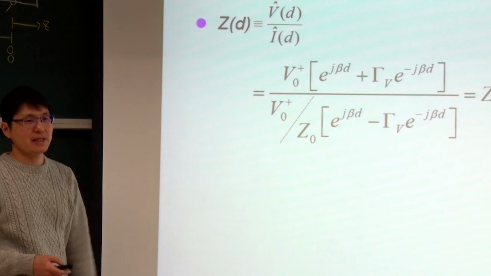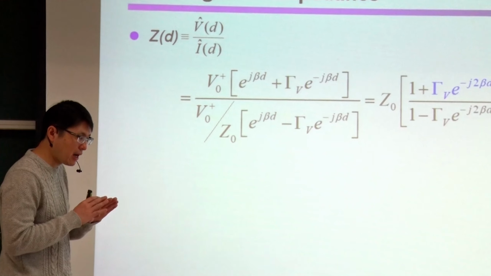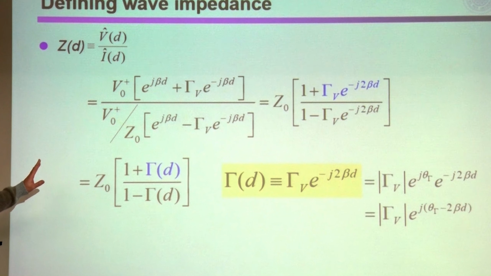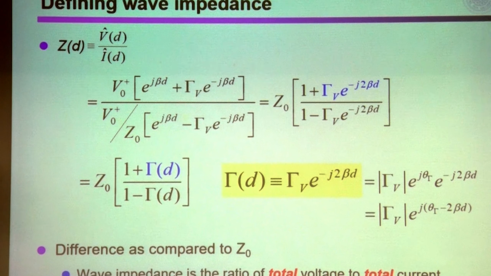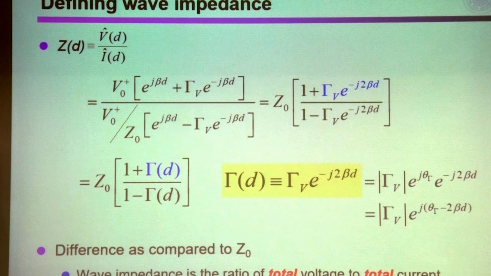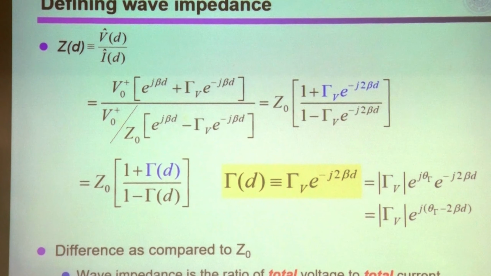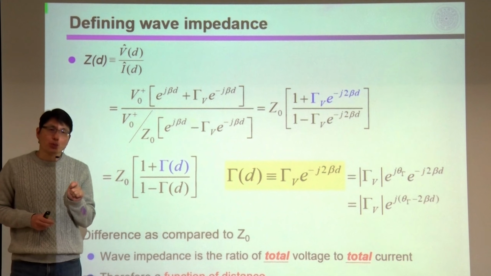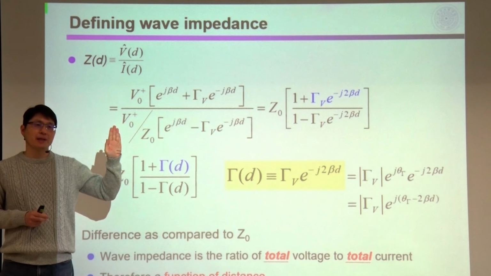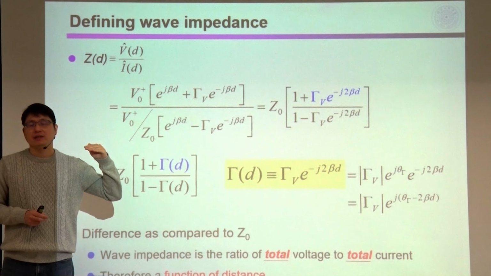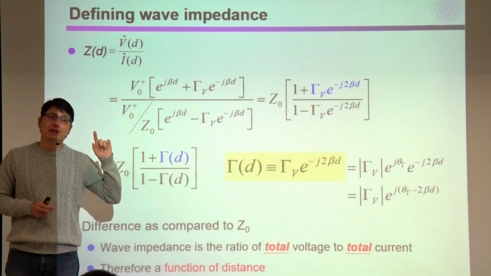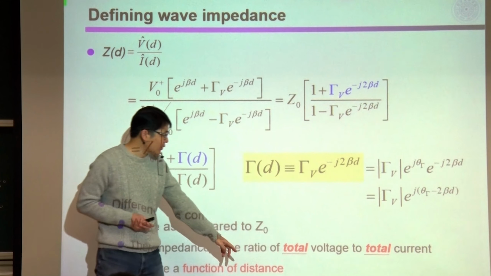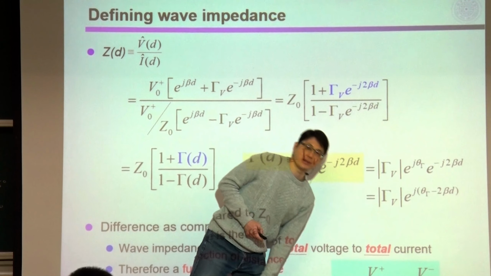Okay? It's very messy, but you have the mathematical equations, so I'll skip the derivation. In the end, what you have to understand is the difference between the wave impedance and characteristic impedance. Characteristic impedance is a ratio of the forward voltage amplitude divided by the forward current amplitude, and the negative of the backward voltage amplitude divided by the backward current amplitude.